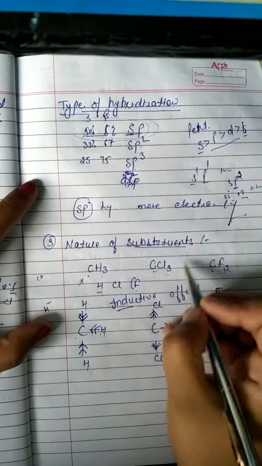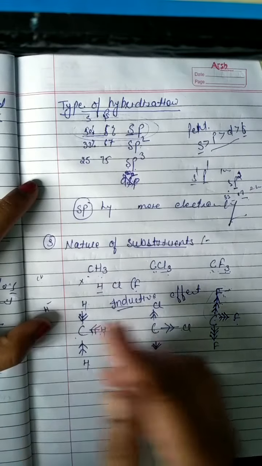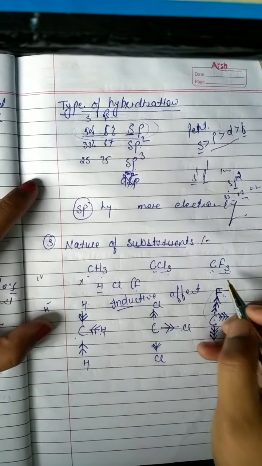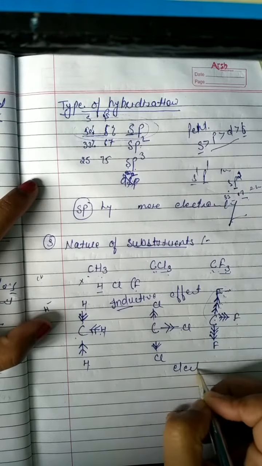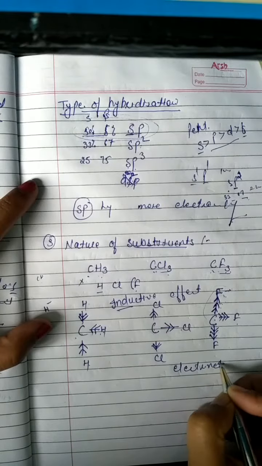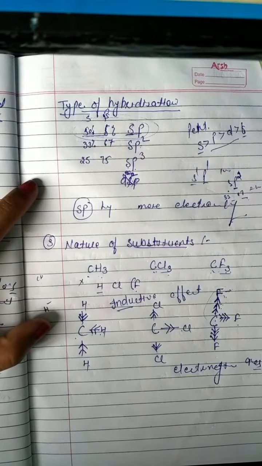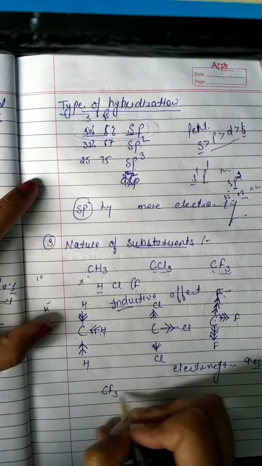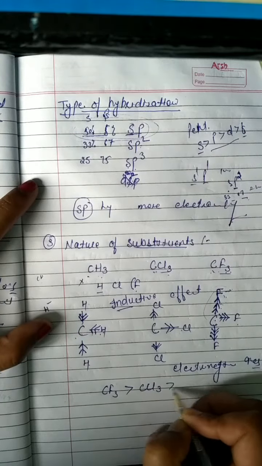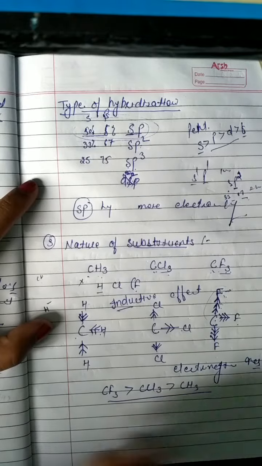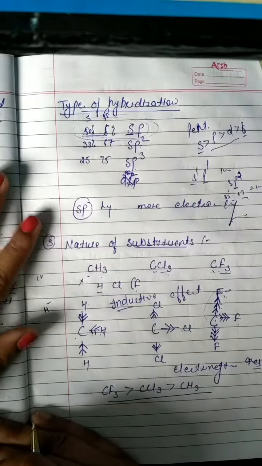Now the nature of a substituent means if the substituent is more electronegative, then it has a greater tendency to attract the electrons towards itself, and the electronegativity also increases. Clear? Now from that, CF3 is more electronegative as compared to CCl3, as compared to CH3. Clear? Today we will discuss electronegativity.